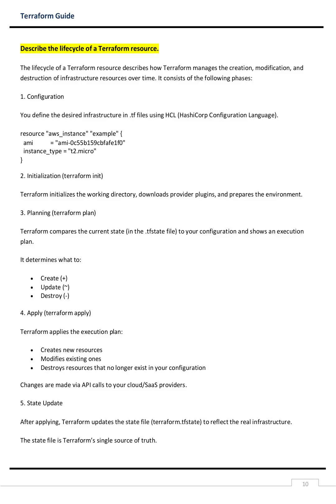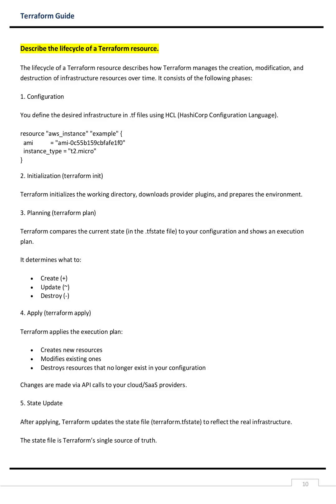3. Planning. Terraform plan. Terraform compares the current state, in the .tfstate file, to your configuration and shows an execution plan. It determines what to create, plus, update, destroy. 4. Apply. Terraform apply.